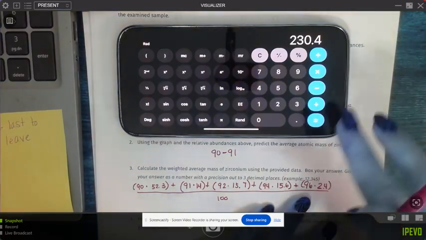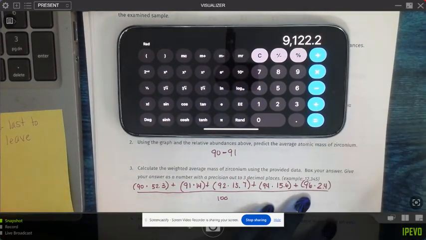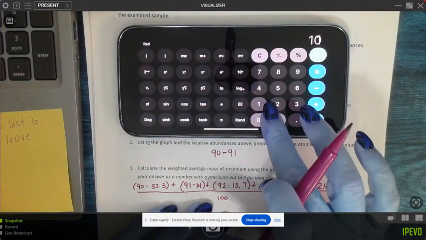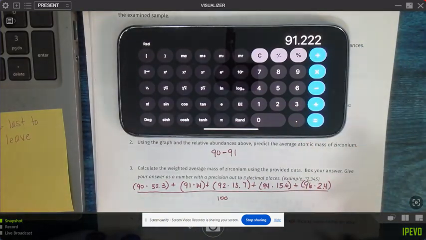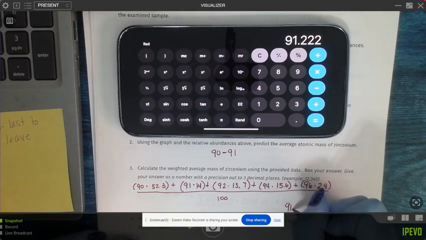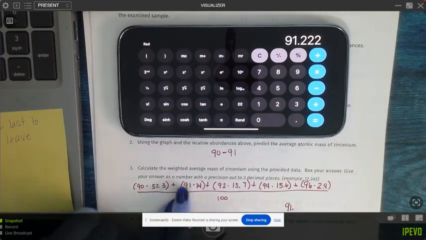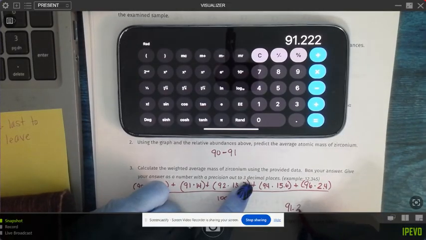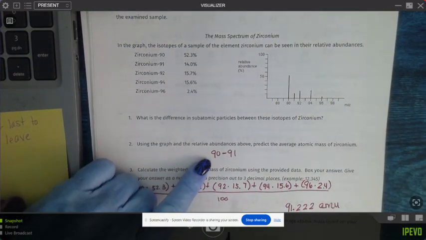All right, let's see what we get. I've got to divide by 100. And my average atomic mass comes out to be, to 3 decimal places, 91.222 AMU. So my estimate was pretty good.